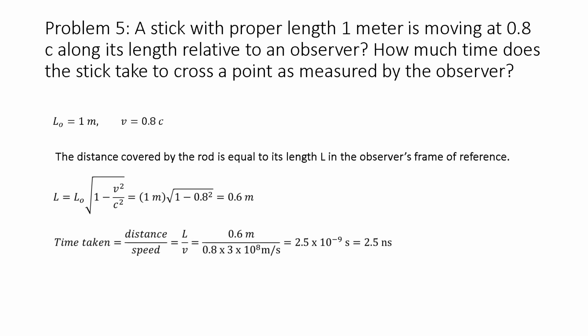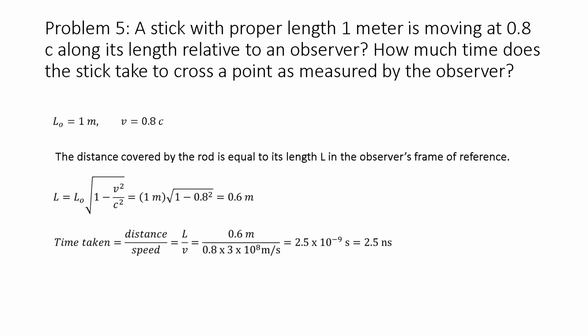L naught is 1 meter, speed v is 0.8 c. The distance covered by the rod is equal to the length L in the observer's frame of reference. We calculate length L using the length contraction formula. We find L equals 0.6 meter. The time taken by the rod is distance divided by speed, or L divided by v.